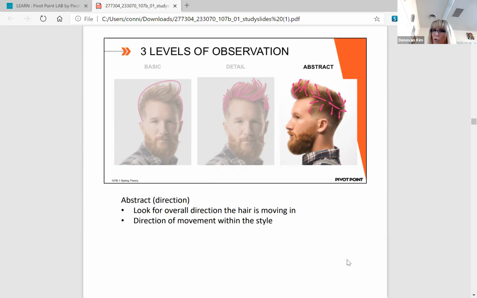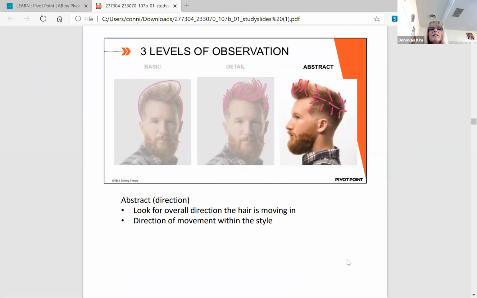And then one thing also when you're observing this is you have to think about what they used. What did they use to get the hair to go the direction that they wanted it to? Was it a gel, a wax, a paste? Was it a blow dryer? Whatever tool you're thinking of, liquid tools versus combs, brushes, anything like that?